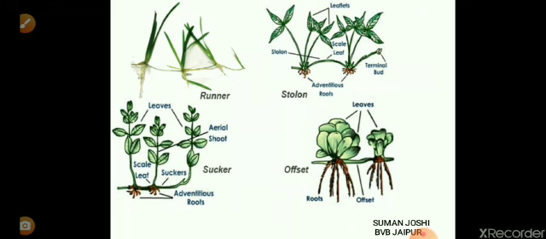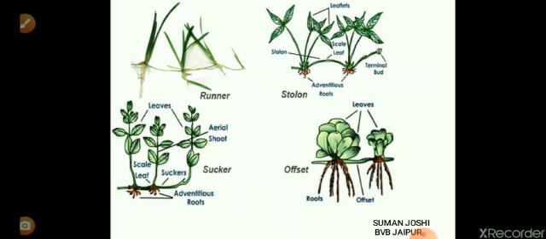Again from the parent plant where the bud is present just below the soil, from there the new shoot arises, it grows obliquely and then comes out of the soil. So this way mint grows. It is known as sucker.